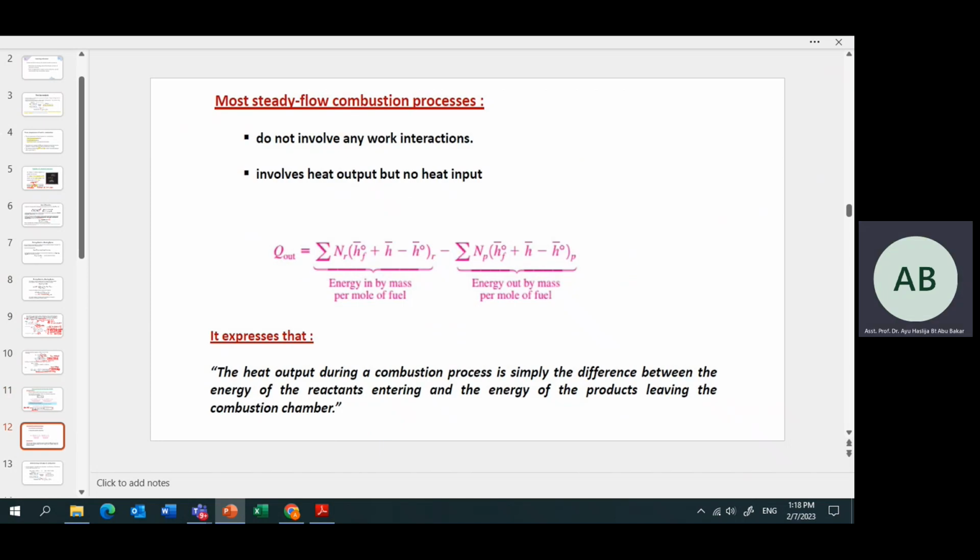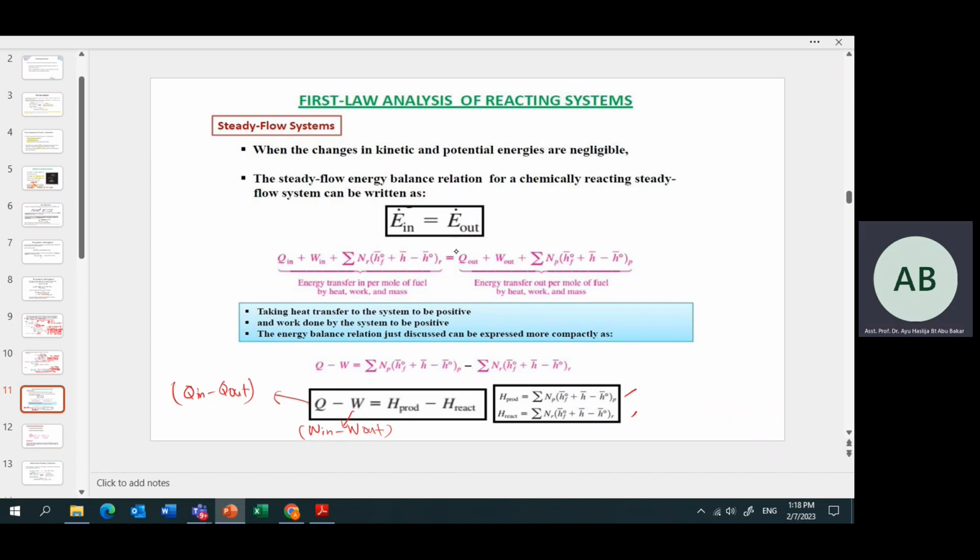Now this equation, don't confuse yourself. This one is reactant minus product because it only focuses on the Q out. From the original equation over here, Q out equals reactant minus product. The product is brought to this side, and you will see reactant minus product.